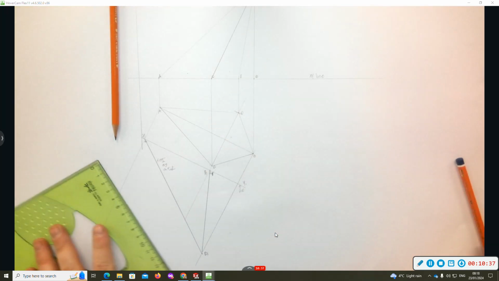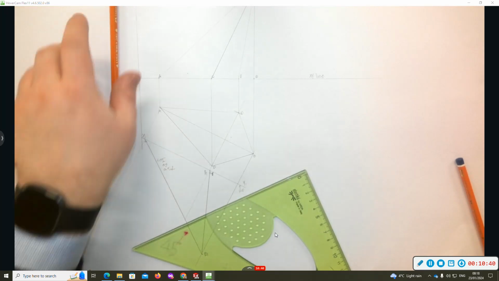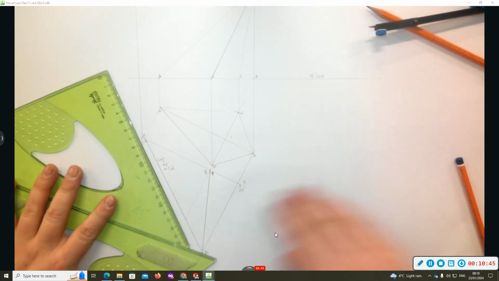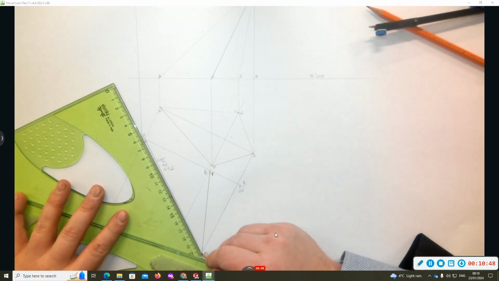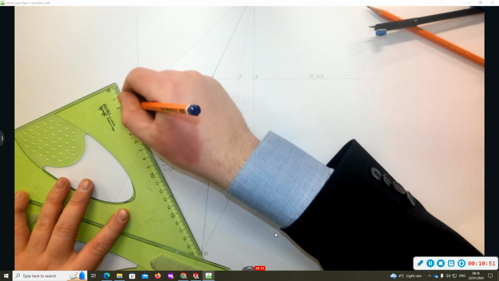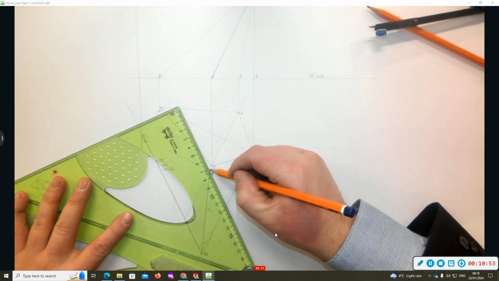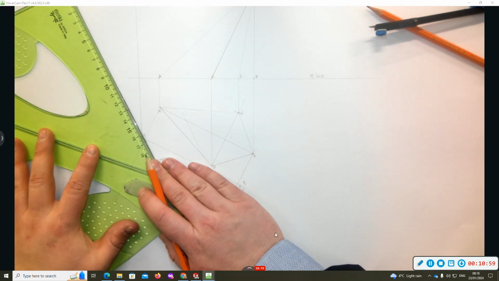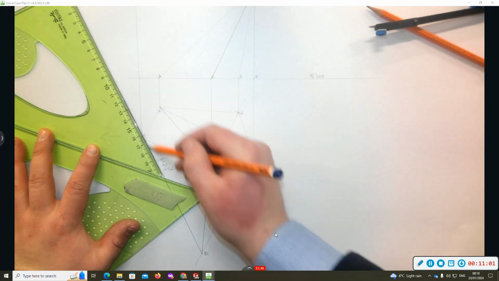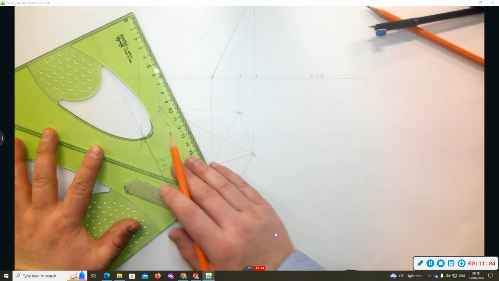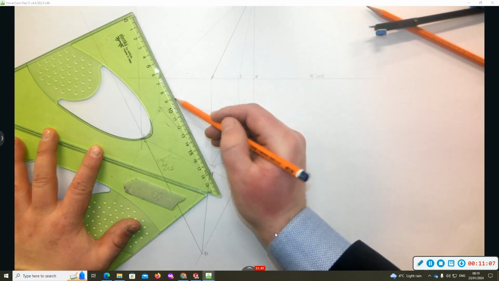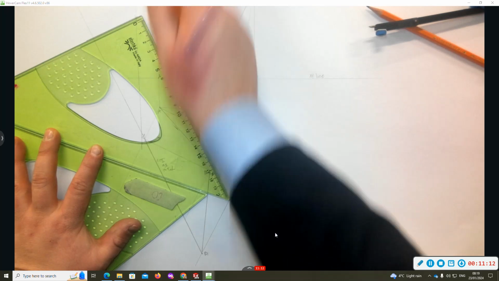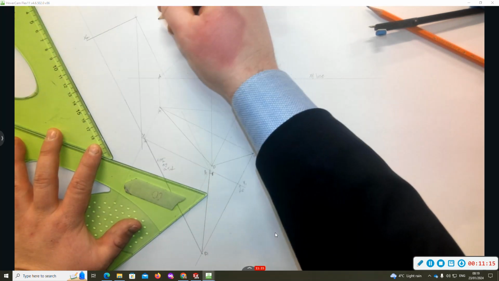So I can now look along this line of intersection and project a second auxiliary. So I draw in my X2, Y2 line there.